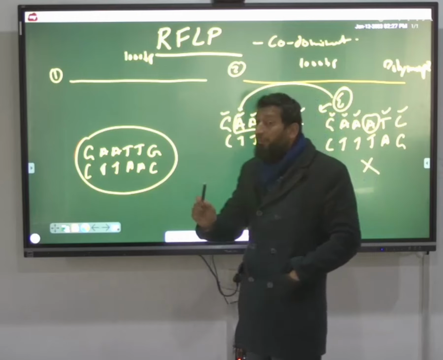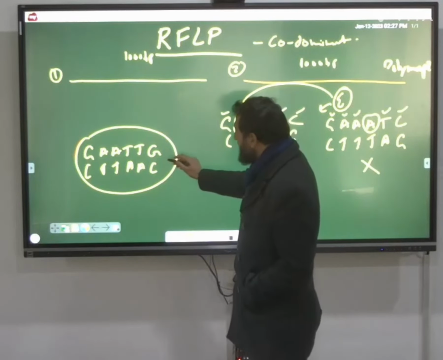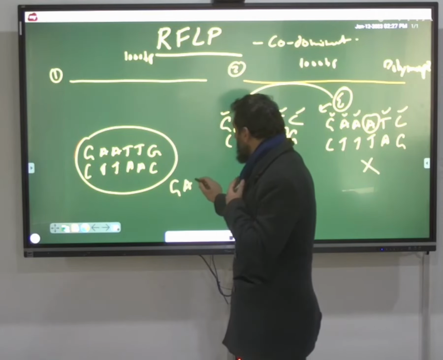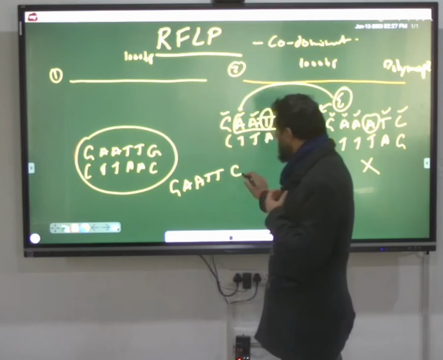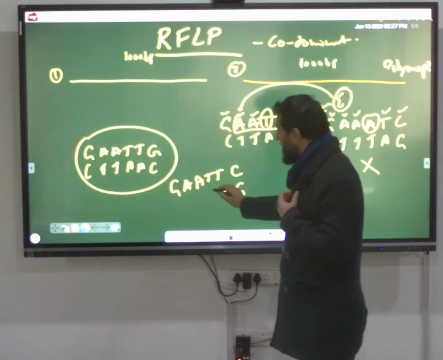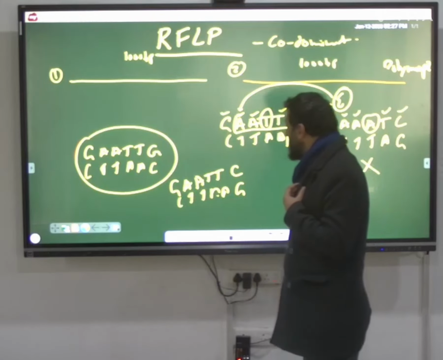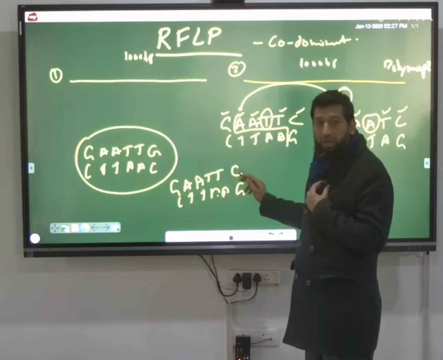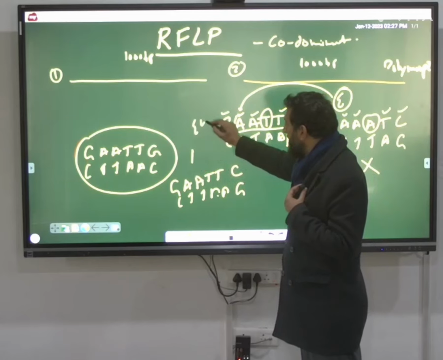But however, if again a mutation happened, and the mutation happened in such a way that this G became C, so this became a C, now this will be recognized by your EcoR1 restriction enzyme.